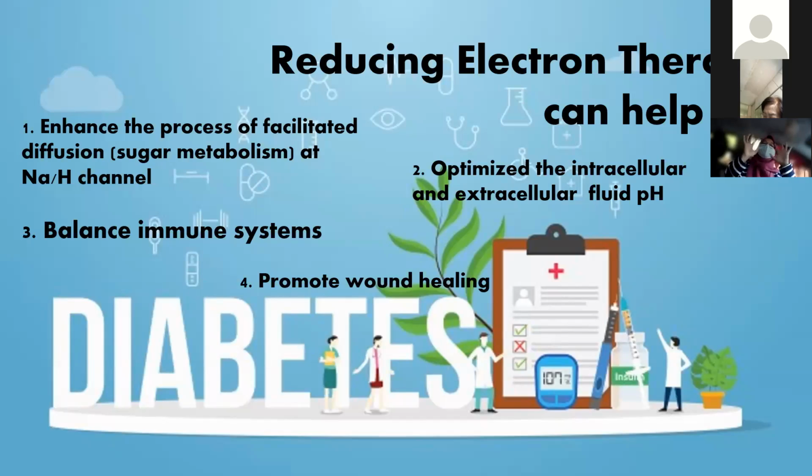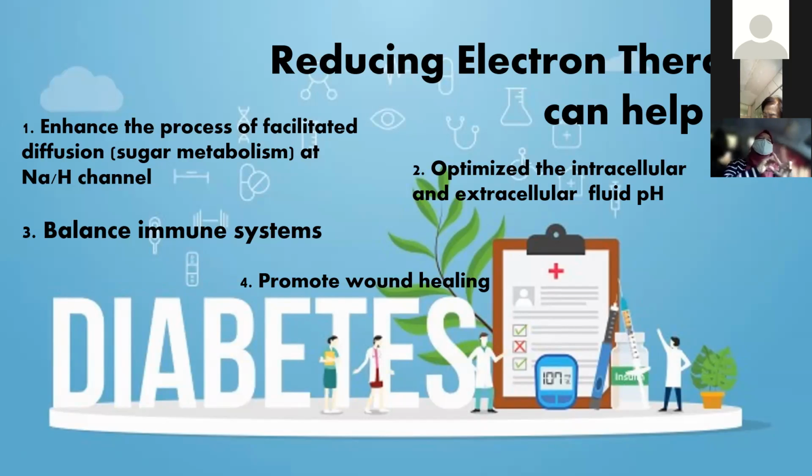I just want to highlight what reducing electrotherapy can help most of the diabetes patients. First, of course, enhance the process of diffusion of sugar. Remember the sodium and the insulin part. This is a specific way. Second, optimize the intracellular and extracellular preparation. That means optimize your cell body.